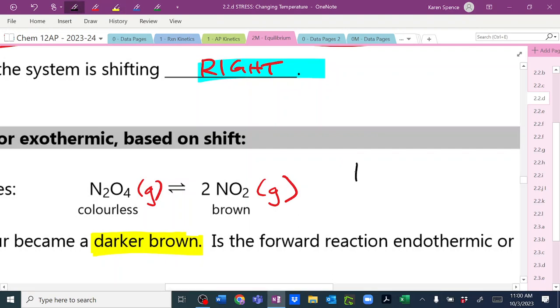So if we increase the temperature, it became darker brown. And I want to know, where is the heat term?